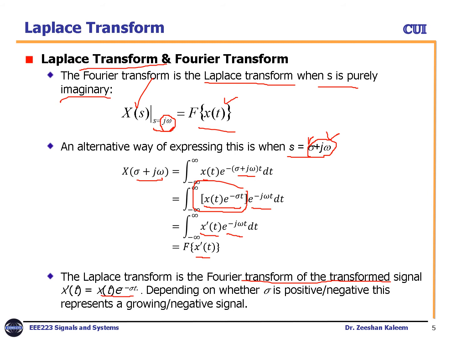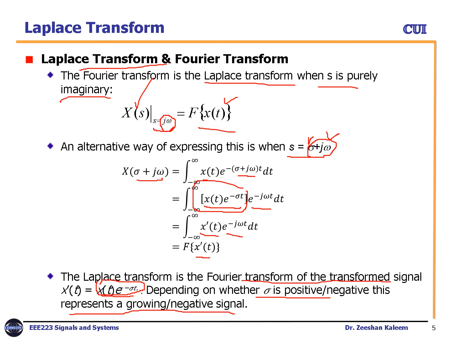So we concluded that the Laplace transform is a kind of Fourier transform, but for the signal x(t) multiplied by some decaying or rising exponential. Depending on whether sigma is positive or negative, this represents a decaying or a growing signal.